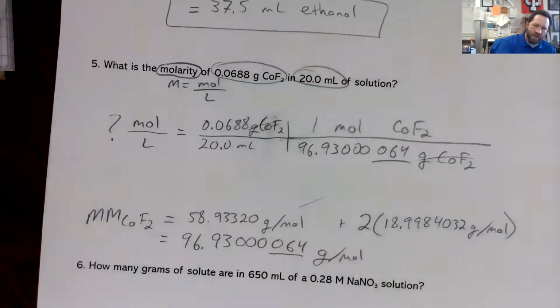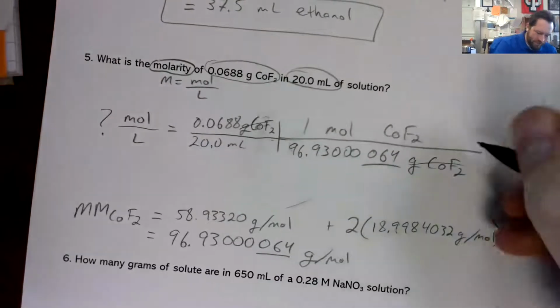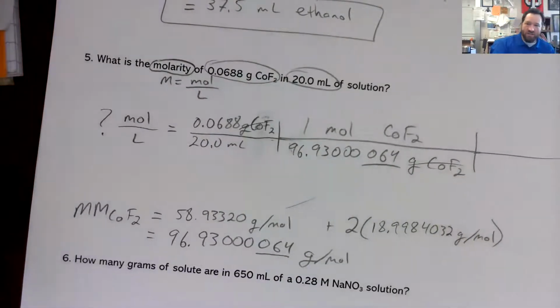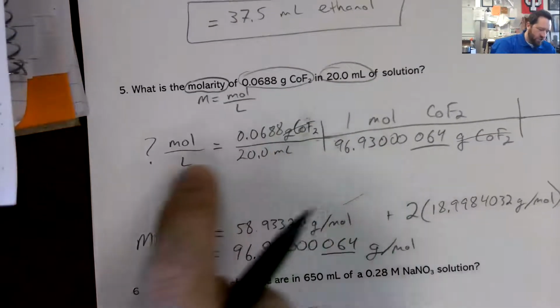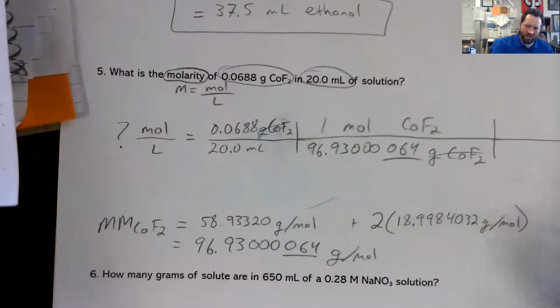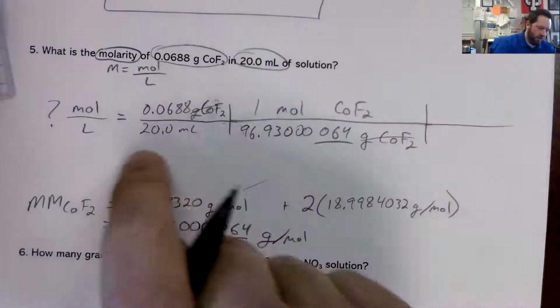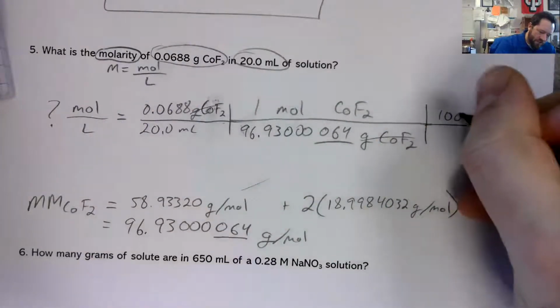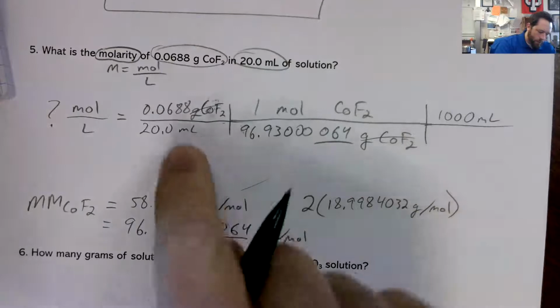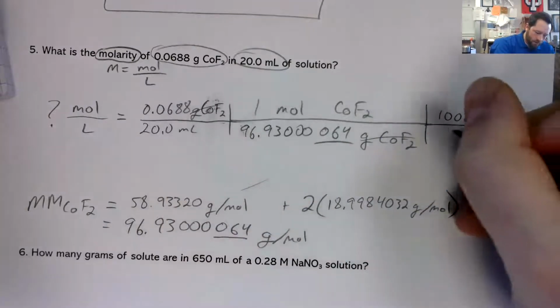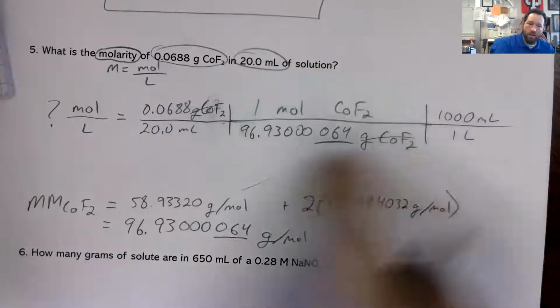We have moles on top. Last step, in my opinion the easiest of the steps, milliliters to liters. It's a pretty simple conversion. We need milliliters on the top here. That way it divides out, and that gets us liters on the bottom, which is what we want.